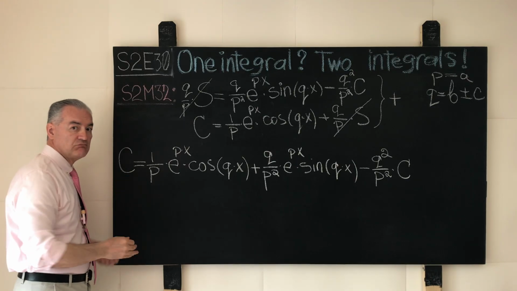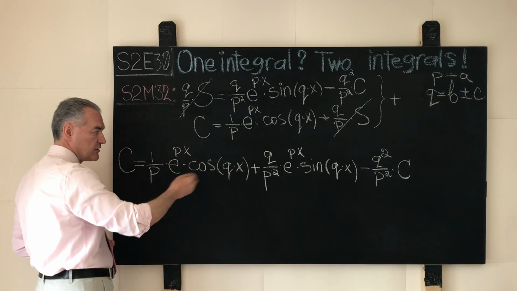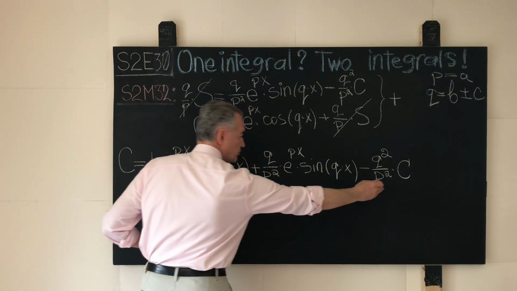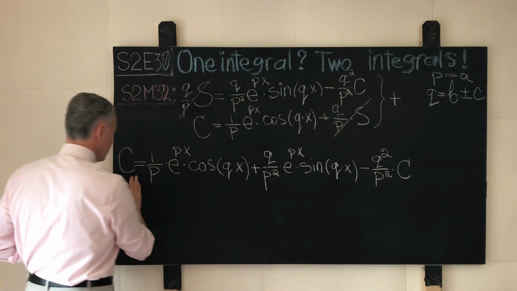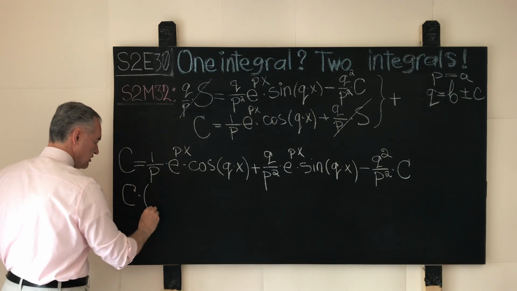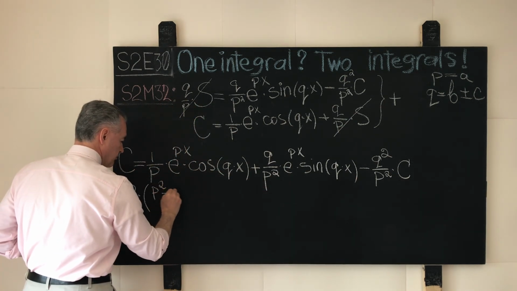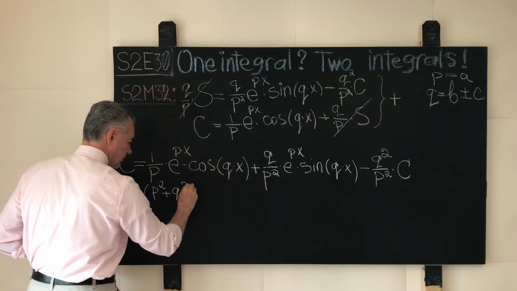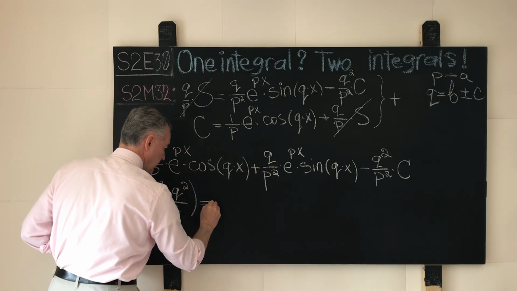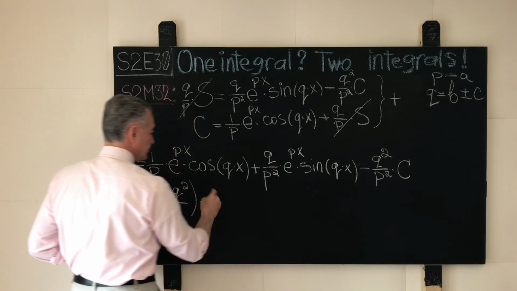So what do we do? Now we go back to our middle school arithmetic and solve this straightforward equation for c. Once we carry this guy to the left-hand side of the equal sign, we'll have c times (p squared plus q squared over p squared) equal to these two summands over here.